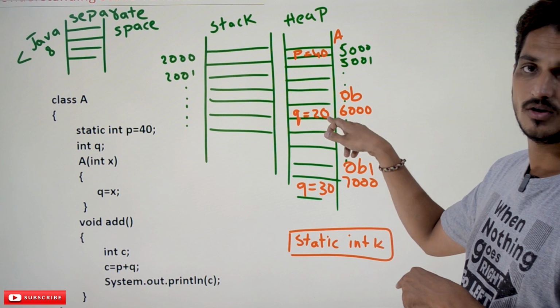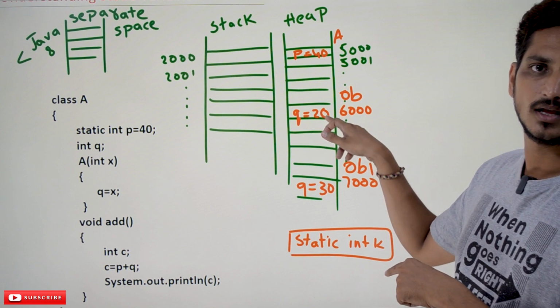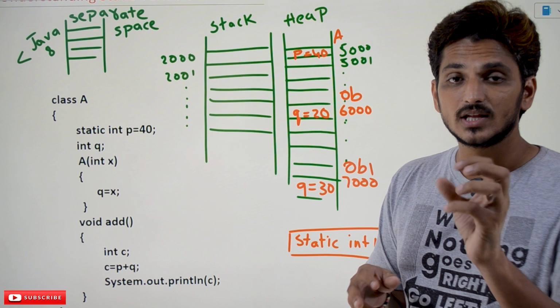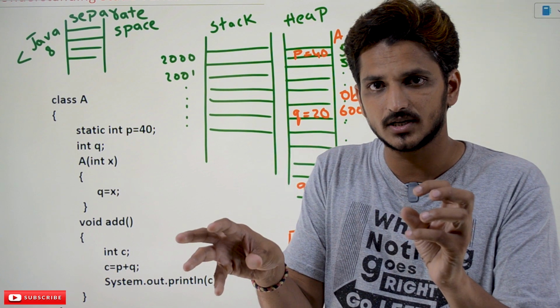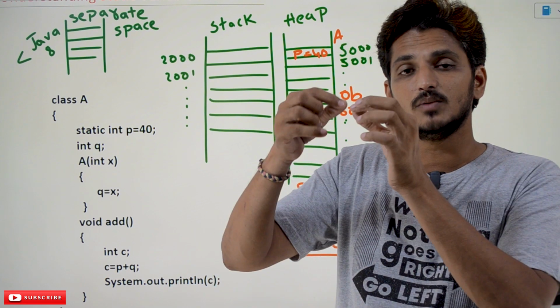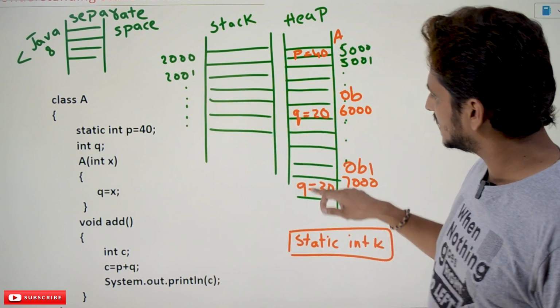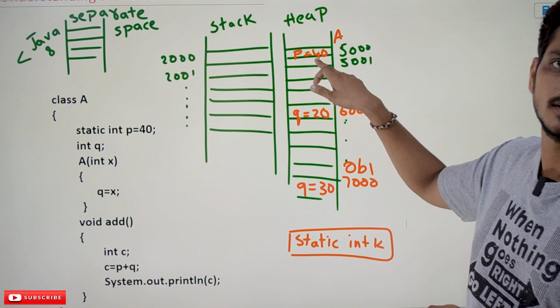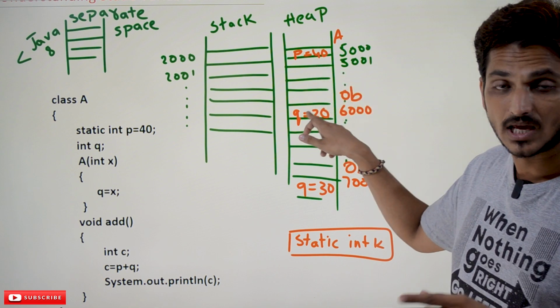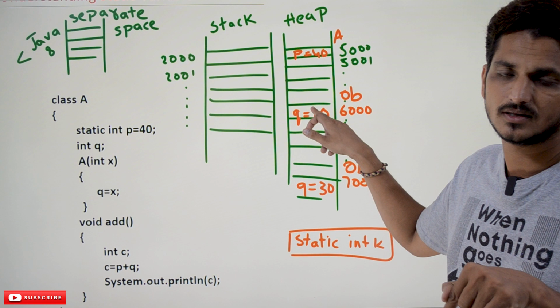What is the Q value here? 20. So that's why instance variables belong to object. Static variable belong to any of the object. Any object can use static variable, but instance variables can be used only by that object.